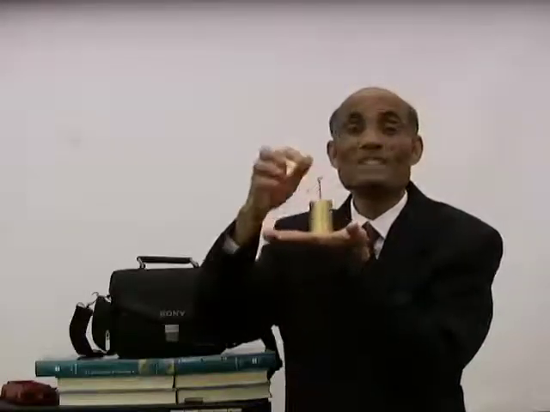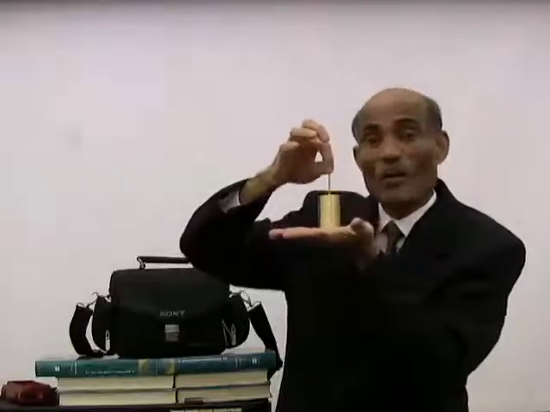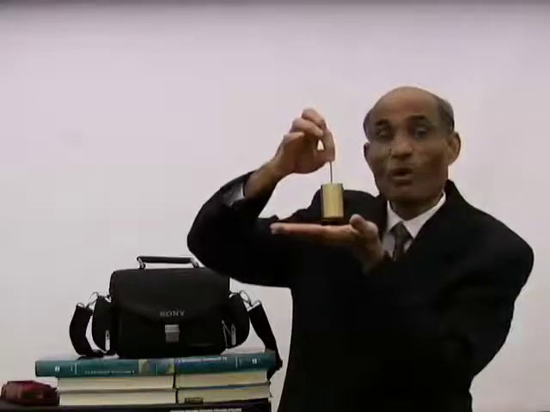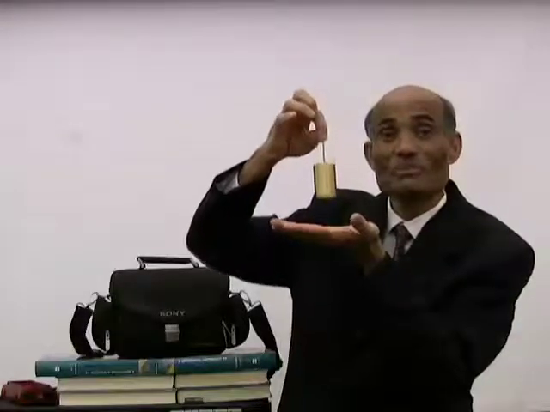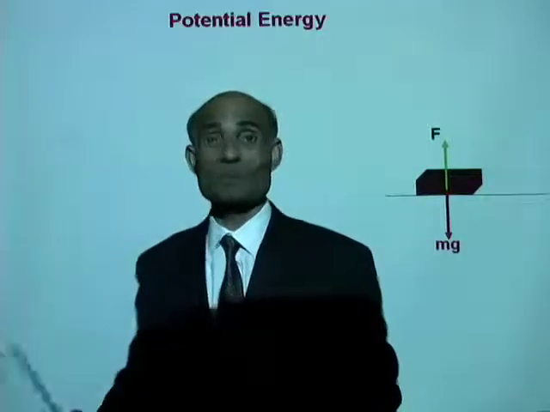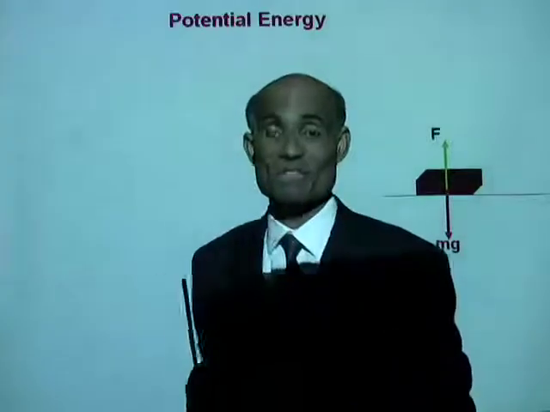Now here I have a 500 gram mass, about 4.9 Newton, sitting on my hand. Now what is the force I need to apply to lift it? It is 4.9 Newton. Okay, let's now use this to describe two types of energy. This concept can be used to explain the concept of potential energy.